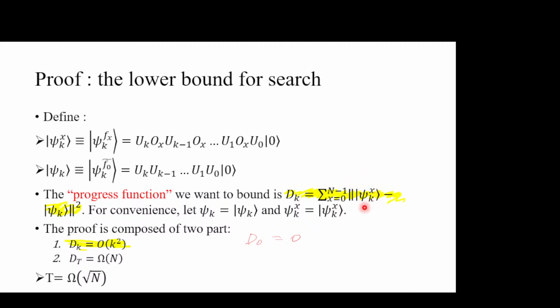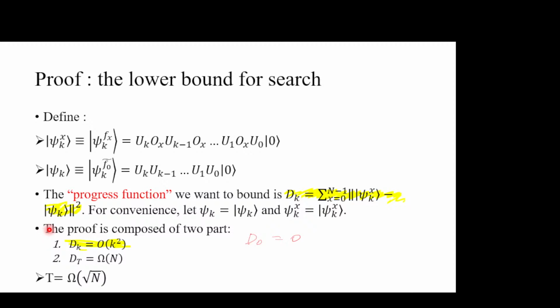The states psi x k and psi k are the states of the algorithm when your oracle has a marked item on x, or has no marked item. We try to differentiate whether there is no marked item or a marked item at location x, and then sum over all x. So the algorithm should be able to distinguish no input from one input at any location.